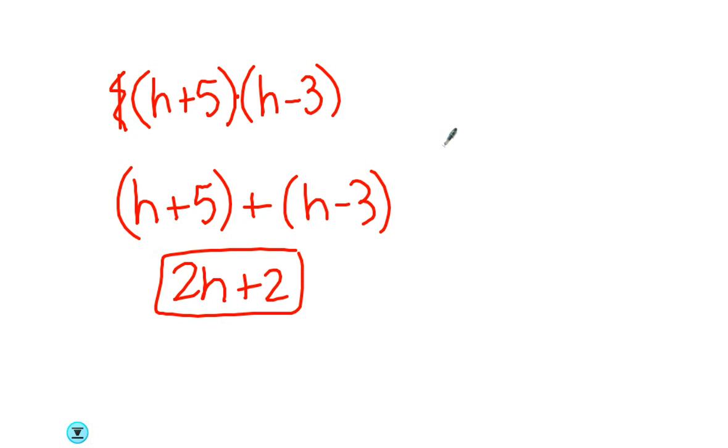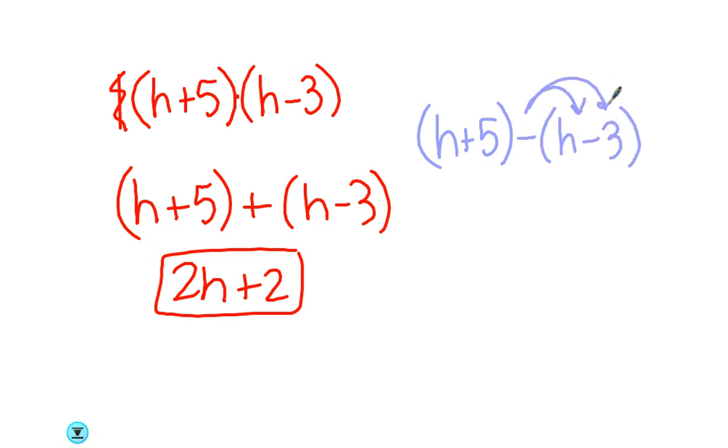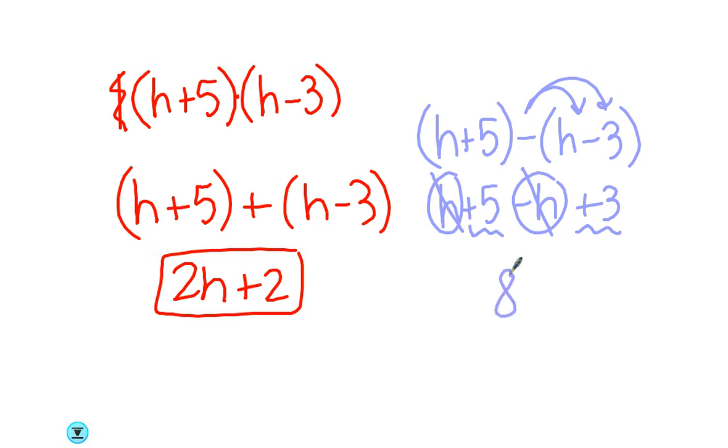Or, kind of the opposite, if I have this minus this, and again, you will see these on your practice, so be careful. I need to distribute my negative sign first. Minus h plus 3, and then I can combine like terms. h minus h, those are going to cancel each other out. 5 plus 3 is 8. Okay? So watch out for the positive and negative versus the multiplication.